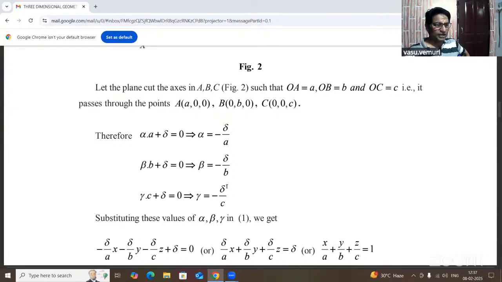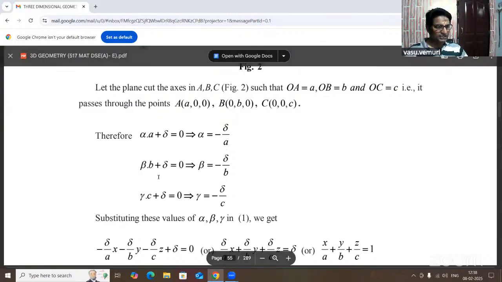Substituting the first point, A, in the equation, we get alpha a plus del equal to 0, because the x coordinate is small a and the remaining coordinates are 0. So alpha equals minus del by a. Second, the B point satisfies the equation: beta b plus del equal to 0, because the x and z coordinates are 0. So beta equals minus del by b.